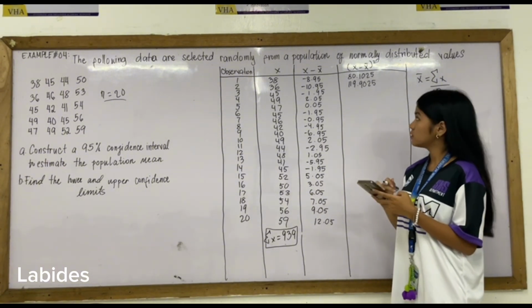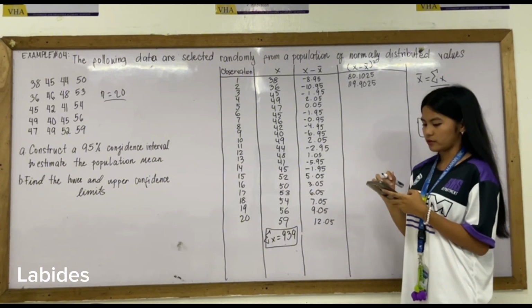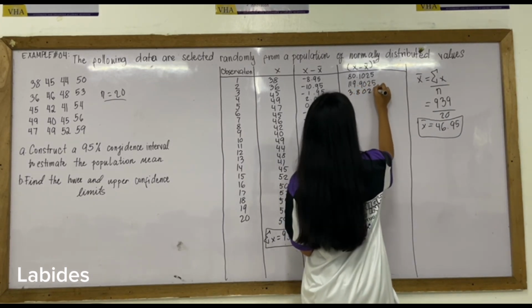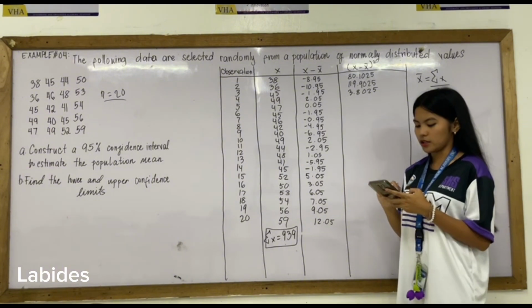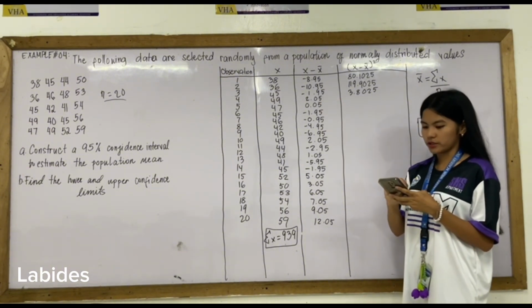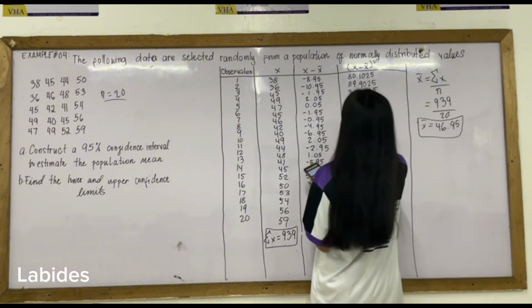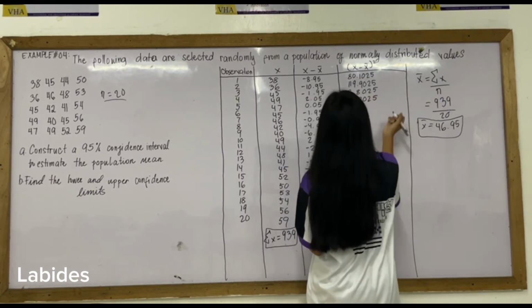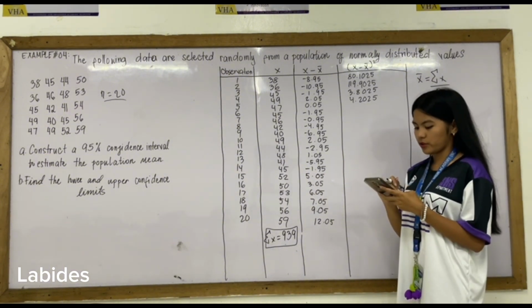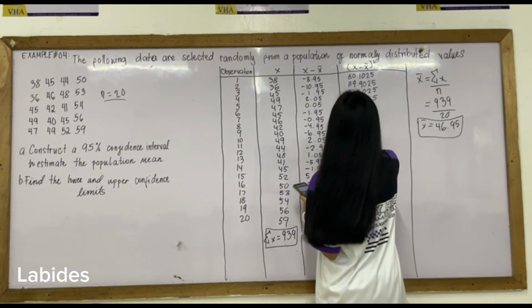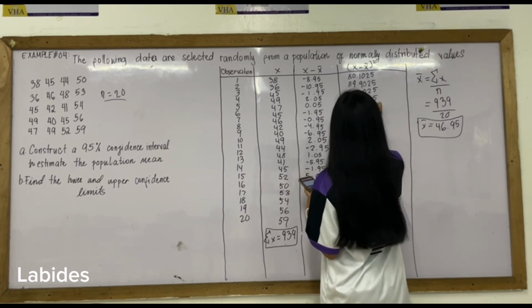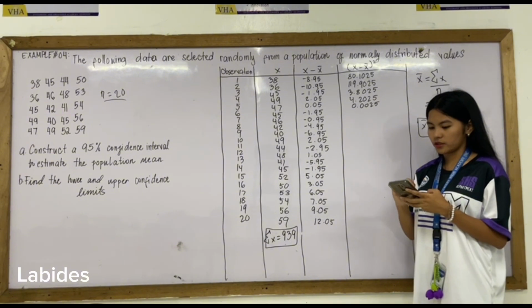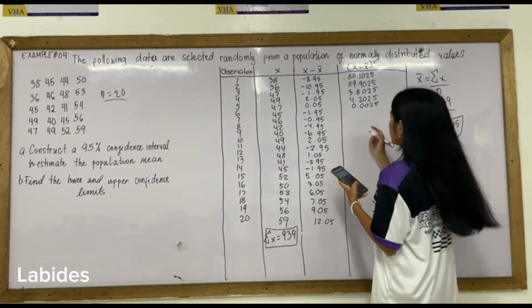And then 1.95 squared, 3.8025. And then 2.05 squared. That's 4.2025. And then 0.05 squared, 0.0025. And then 1.95 squared, 3.8025.